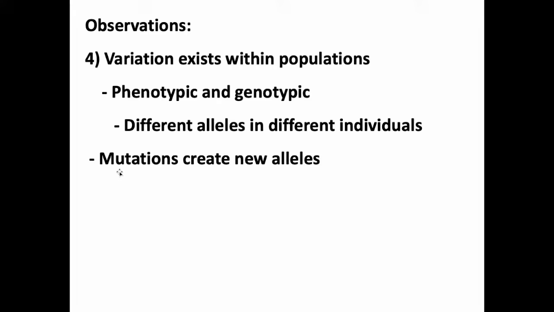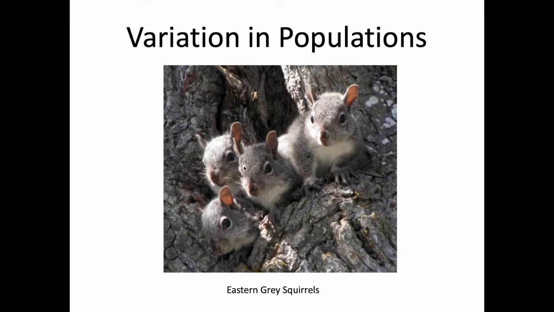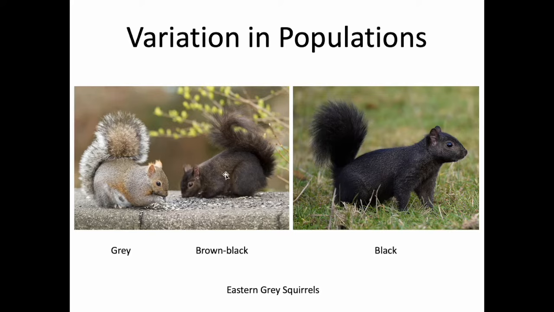And what they can do, instead of creating cancer cells, is mutations can create new alleles. They can take old versions of genes, change them up randomly, and make a new version of that gene, create a new allele. So to go back to these squirrels that all kind of looked pretty grayish and the same, there is a mutation that can create a darker fur color. So these are not different species.